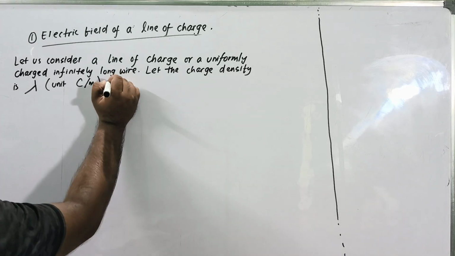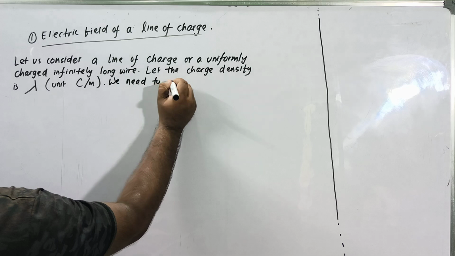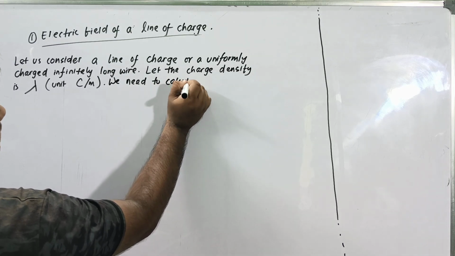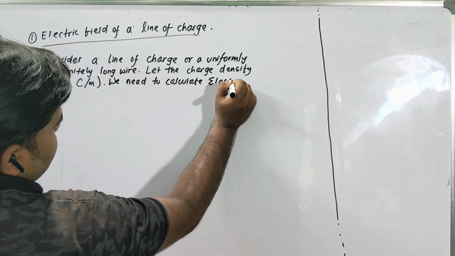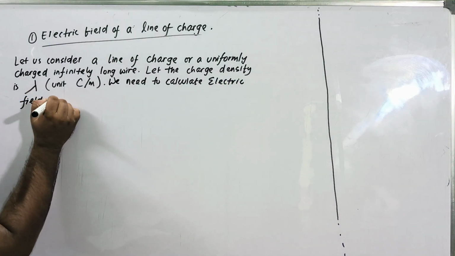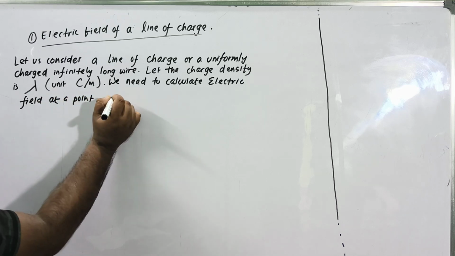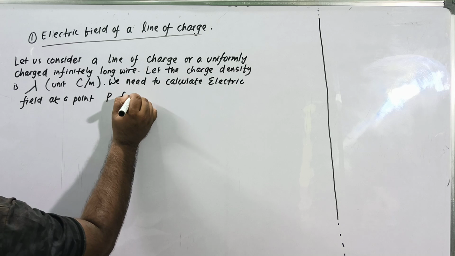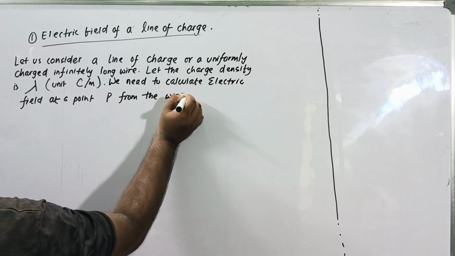We need to calculate the electric field at a point P from the wire.